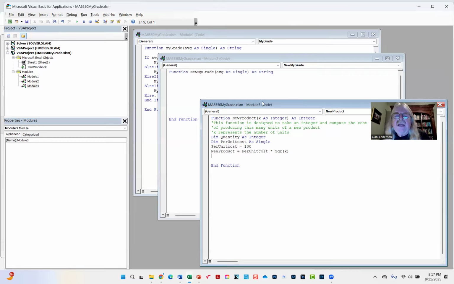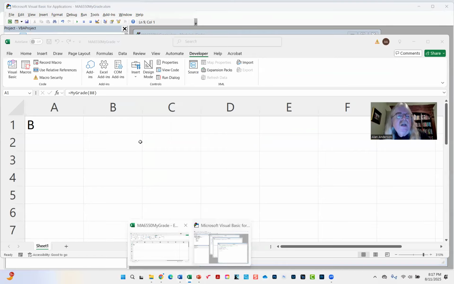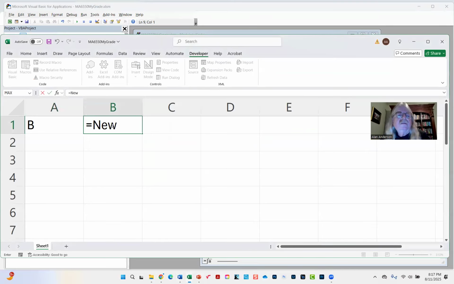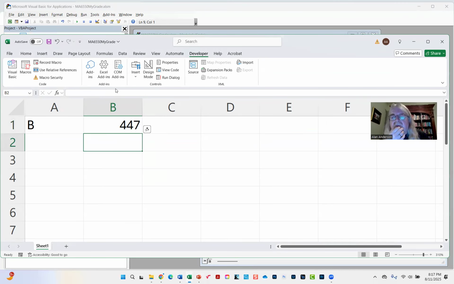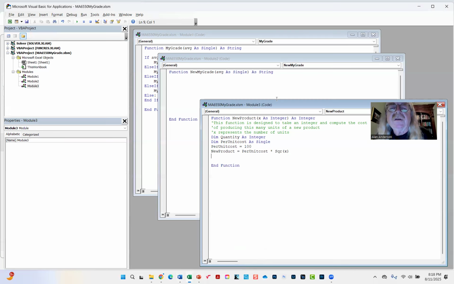But now all of a sudden, you've got a real function here, and you can type equals new product. And you notice it's finding it there. And I'll say, well, oops, 20. And so what it did was it multiplied 100 times the square root of 20 to come up with that result.